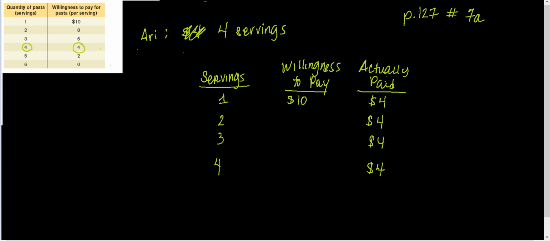So the second bowl, Ari was willing to pay $8. The third bowl, he was willing to pay $6. And then the fourth, he was willing to pay $4. And now we can go ahead and think about consumer surplus. I'm going to just subtract willingness to pay from what Ari actually paid.